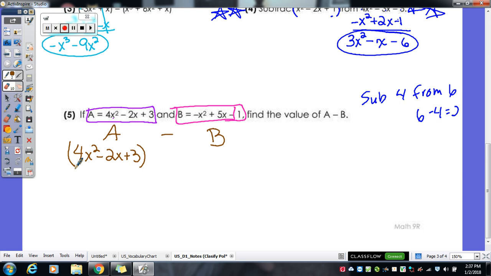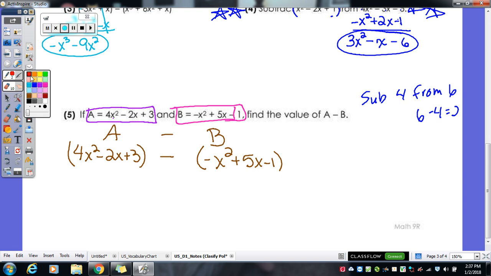They told me it's 4x squared minus 2x plus 3. And then I'm going to subtract from it my B, which is the polynomial negative x squared plus 5x minus 1. So we're still doing A minus B, we're just plugging those polynomials in for A and B.